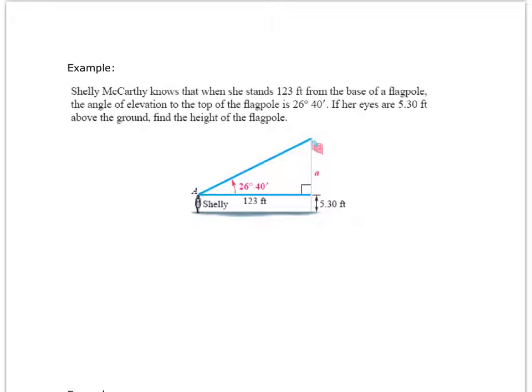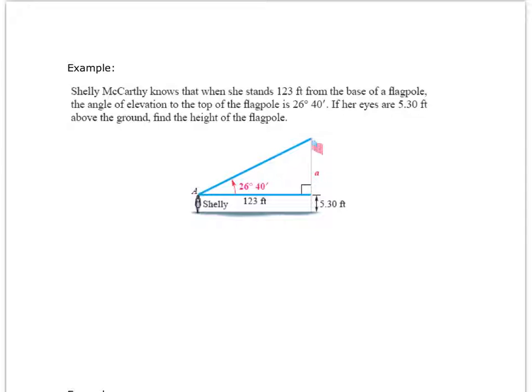So we're going to take some things and we're going to work on it and we're going to put it together. So Shelley knows that when she stands 123 feet from the base of a flagpole, the angle of elevation to the top of the flagpole is 26 degrees and 40 minutes. If her eyes are 5.3 feet above the ground, find the height of the flagpole.